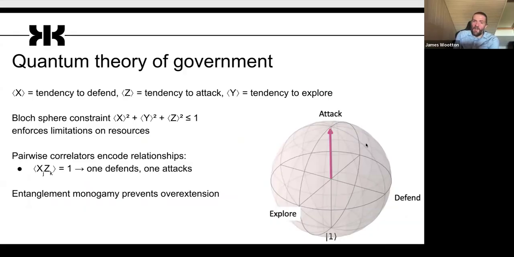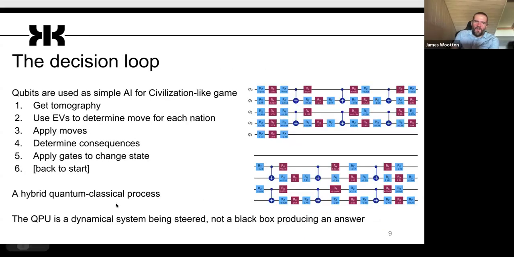And in this case, the Hadamard will take you from fully attack to fully defend. But if you're not at full attack, if you're full explore, if you're already at full defend, the Hadamard will do something very different. So, how do we actually do this?